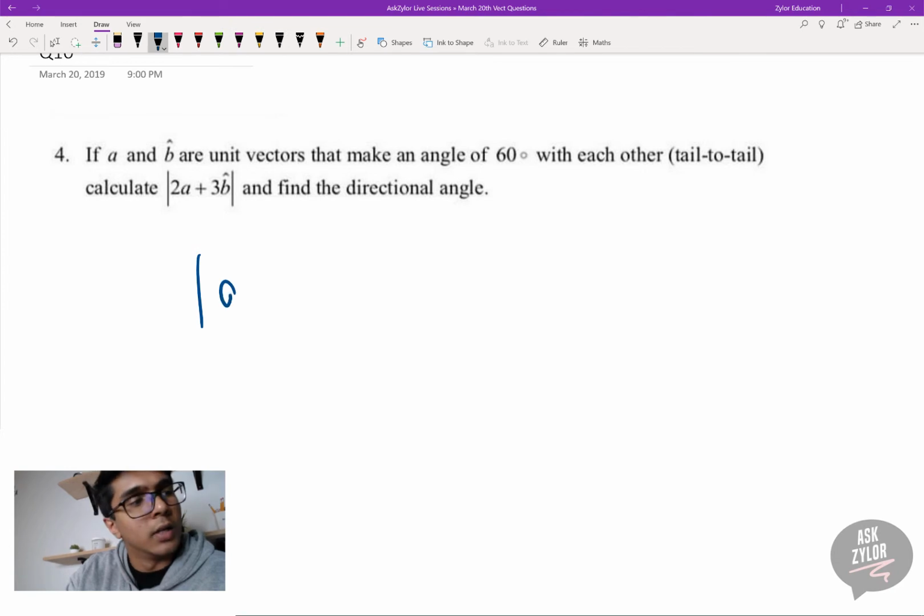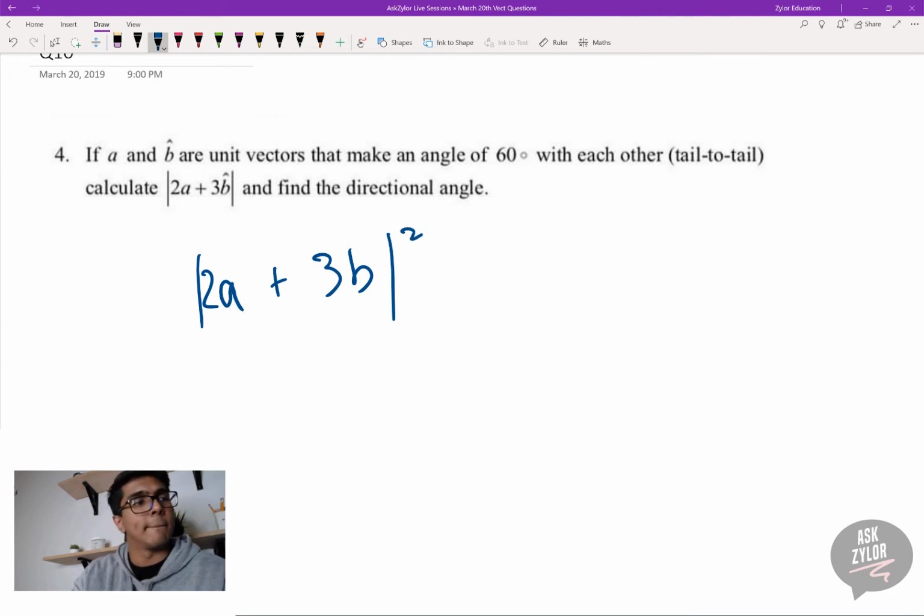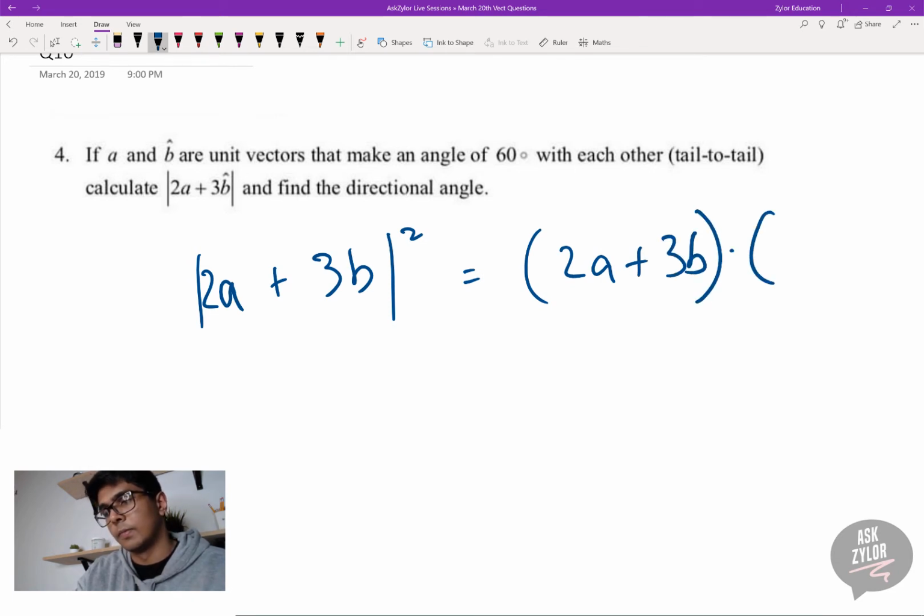So we have the magnitude of 2a plus 3b squared. It's equal to 2a plus 3b times 2a plus 3b.